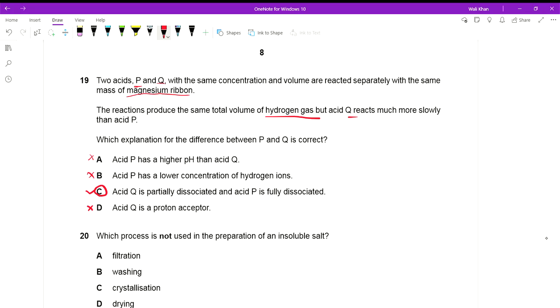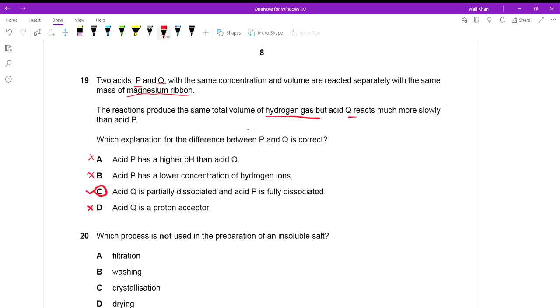Acid Q is partially dissociated and acid P is fully dissociated. Why do we choose C? Because the rate of reaction depends on the concentration of hydrogen ions available for the reaction.